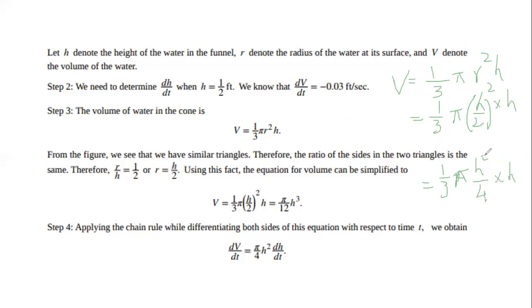Now h squared and h multiply to give h cubed, so it is 1 upon 12 pi h cubed. This is the value of V.